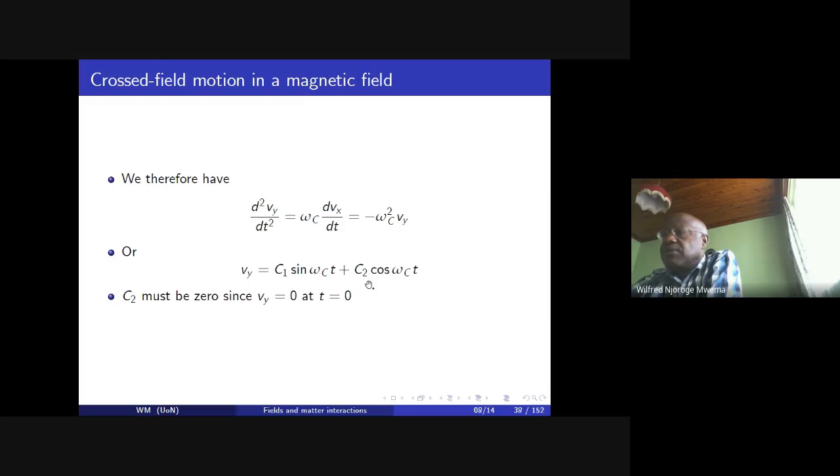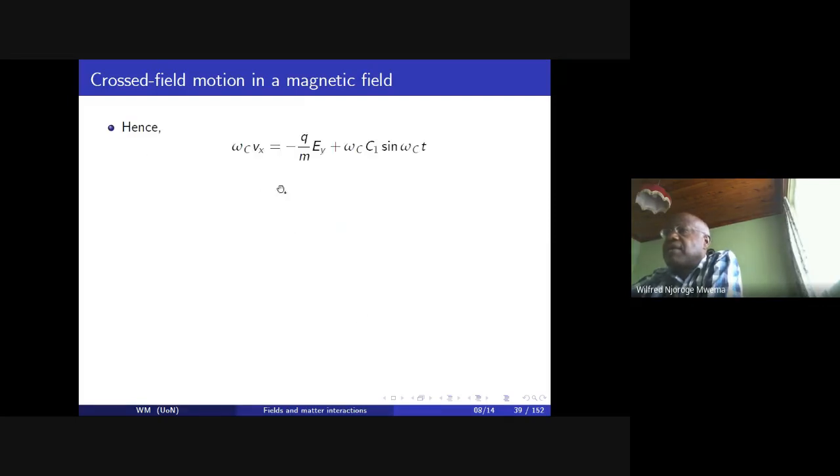So C2 is equal to 0, and C1 is now an arbitrary constant which we can determine. And therefore, omega c multiplied by Vx is going to be given by minus q by m Ey plus omega c C1 sine omega c t.